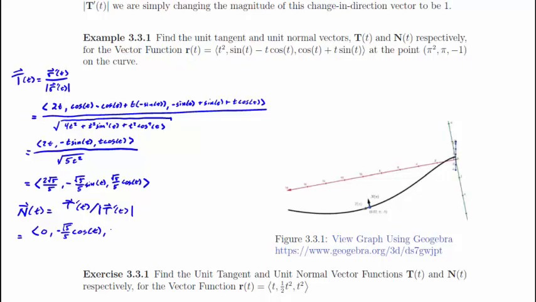And the derivative of cosine is negative sine, so negative root 5 over 5 sine of t, over its own magnitude. So this is the square root of 0 squared, 0.